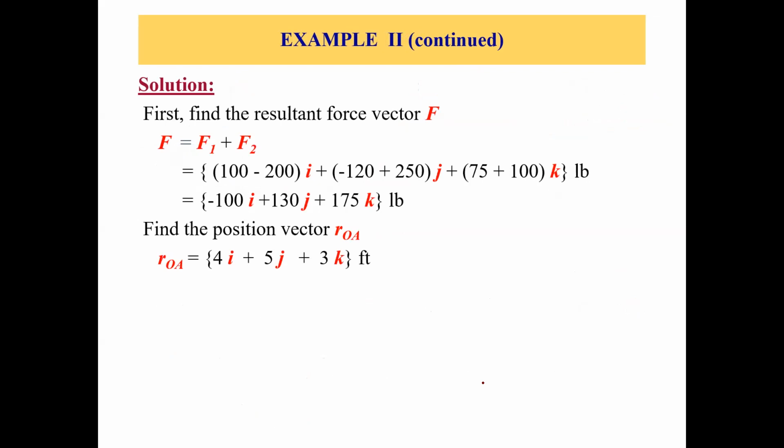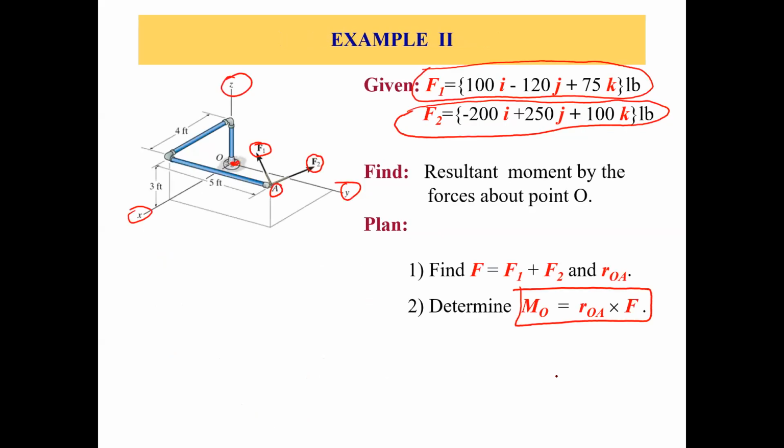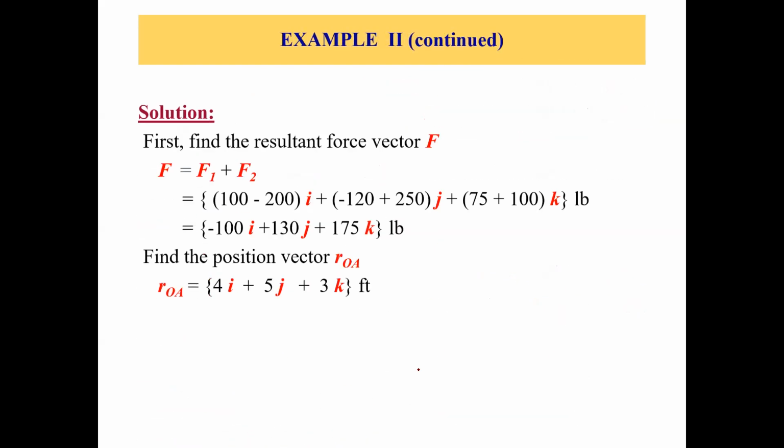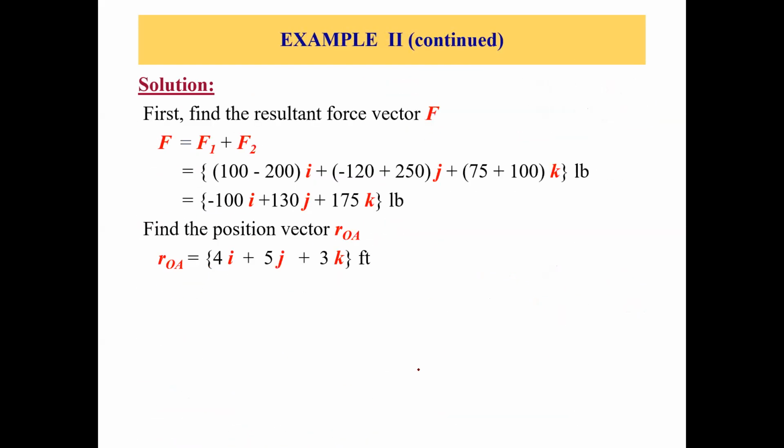So let's do that. First of all, find the resultant force vector F. How do we find that? Luckily, both of these forces, F1 and F2, are given in Cartesian vector form with i, j, k. So we just need to add them: F equals F1 plus F2.